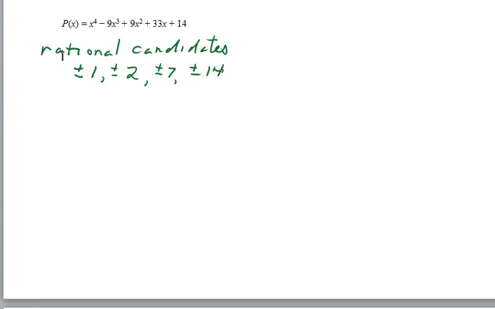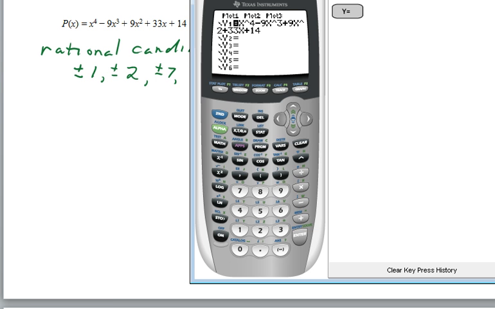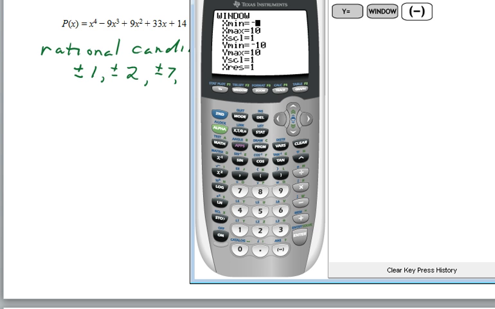So let's look at the graph that we get, and let's do a window with x min negative 15 and x max positive 15, the largest and smallest possible rational zeros.